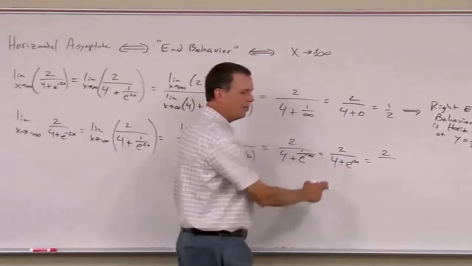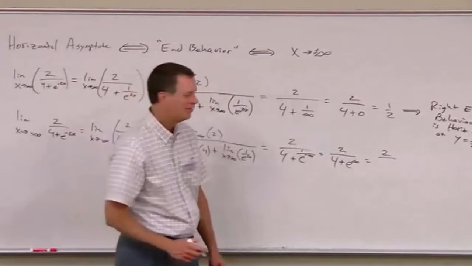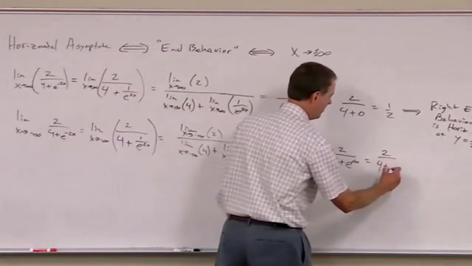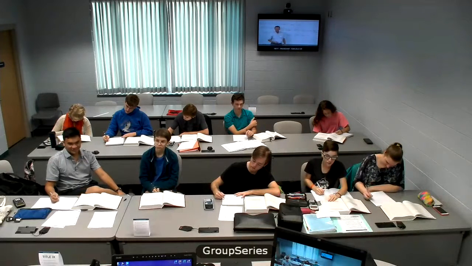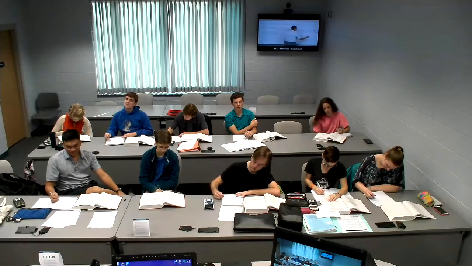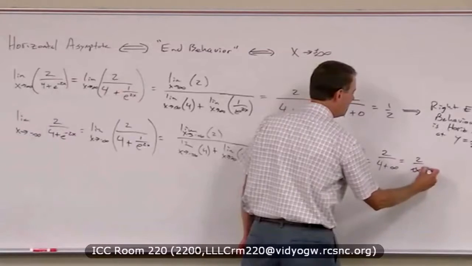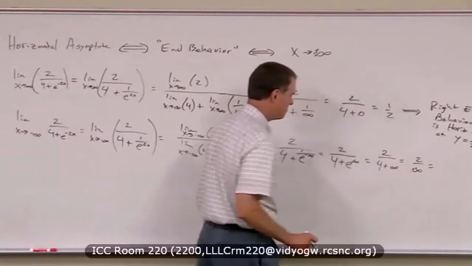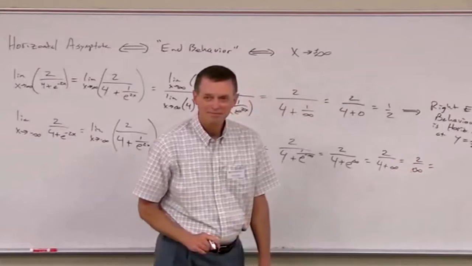Then 4 plus, what is e to the infinity? Infinity. It's even more infinity. And then that's 2 over infinity. What's 2 divided by infinity? 0.